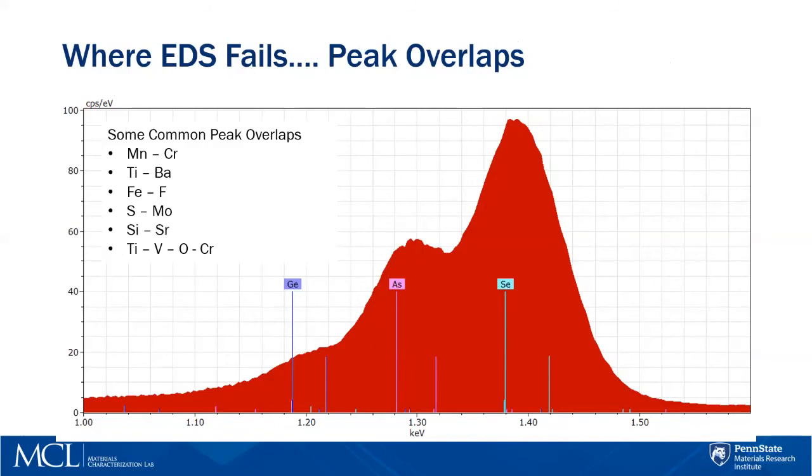The other common peak overlaps that I see a lot of are manganese and chromium, and titanium and barium, which is a really rough one for people that are doing stuff with both titanium and barium in their samples. Silicon and molybdenum also is a big overlap. So you have to be concerned when you're looking at your spectra and be aware that there could be peak overlaps that can influence your results.